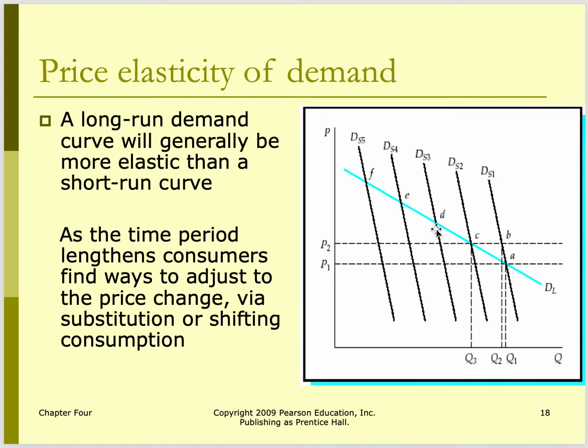So I have my long-range demand curve here. It's much flatter. So now a small change in price yields a larger change in quantity. But percentage-wise, it's different. So a long-run demand curve will generally be more elastic than a short-run curve.